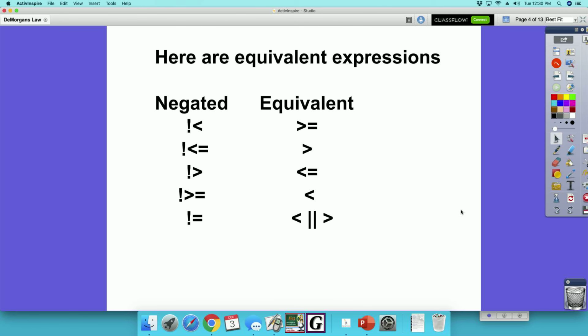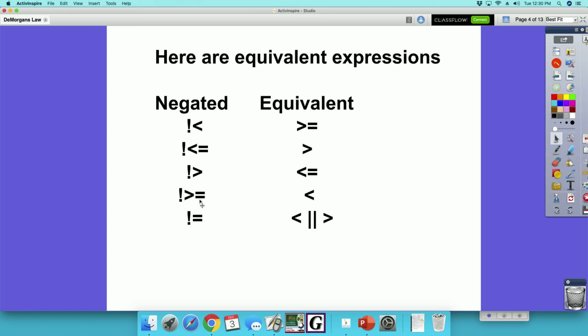Here are some equivalent expressions. Not less than is equivalent to greater or equal to. Not less than or equal to is equivalent to greater than. Not greater than is equivalent to less than or equal to.